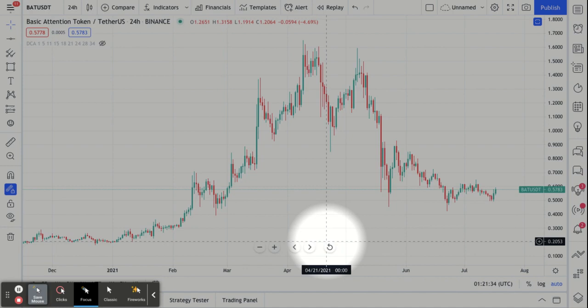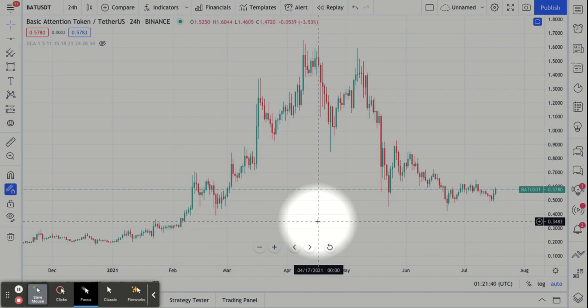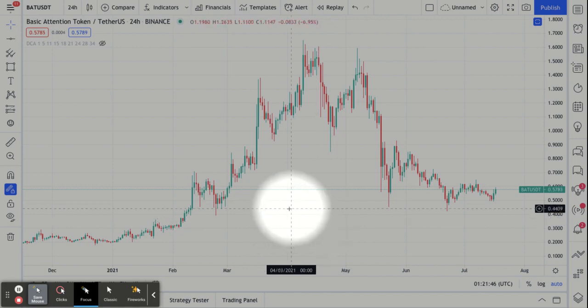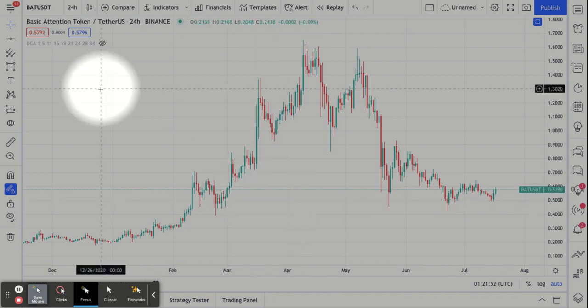First thing I do is I get my zones. If you guys aren't familiar with zone to zone trading, check out one of my previous videos, and it'll give you a breakdown. Today I'm going to chart BAT, Basic Attention Token. I'm going to get some highs and some lows.